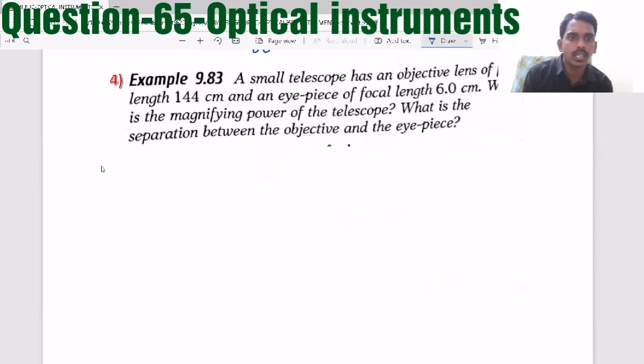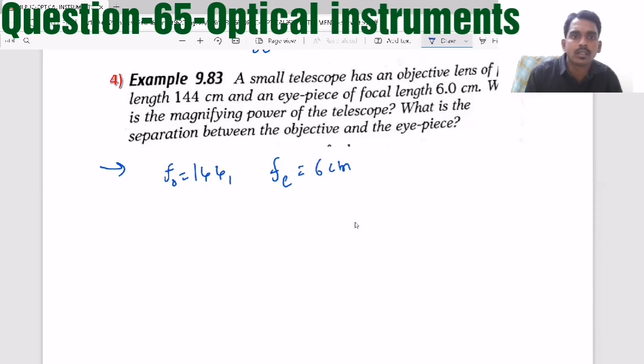Now the next thing is a small telescope has an objective lens of focal length 144 centimeter and an eyepiece of focal length 6 centimeter. What is the magnifying power of the telescope? What is the separation between the objective and the eyepiece? See here, objective has 144 and eyepiece has 6 centimeter.